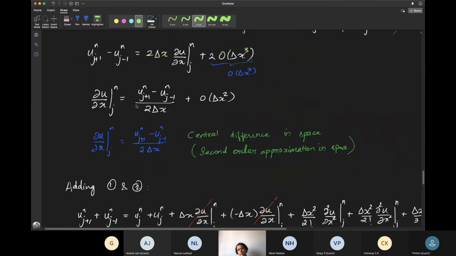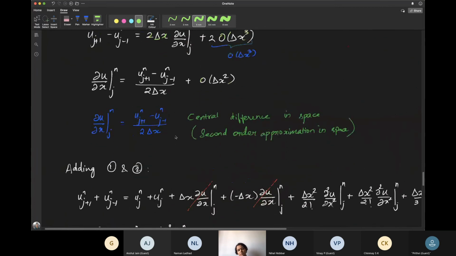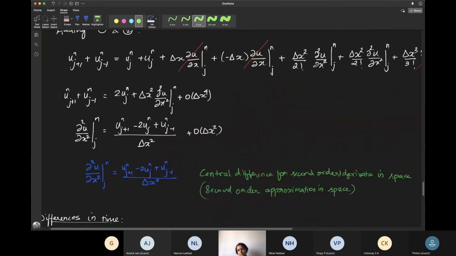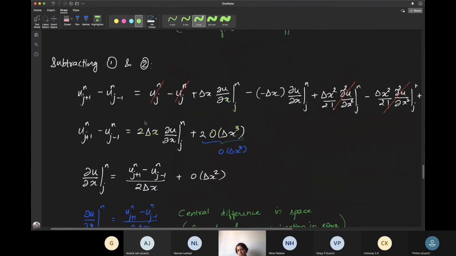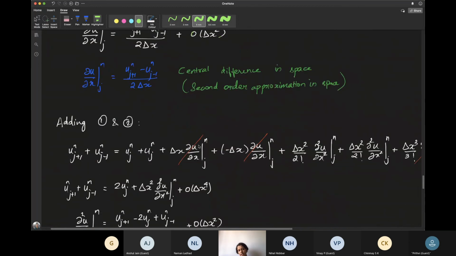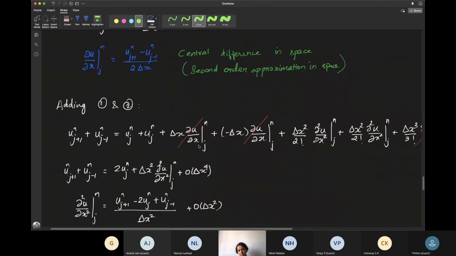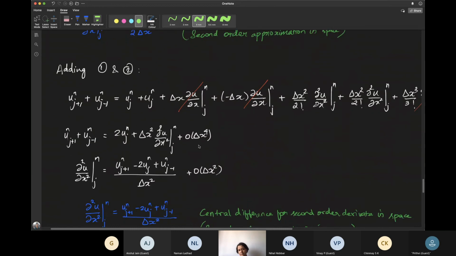Now when you add the two equations, you will get something known as central difference for second order derivatives. All of these were first order derivatives, that is, all of these difference operators were approximations of your first order derivative. Now we will try to get a difference operator for the second order derivative.